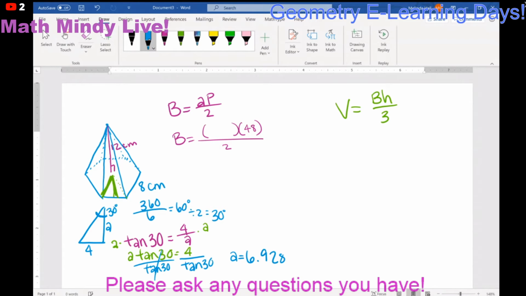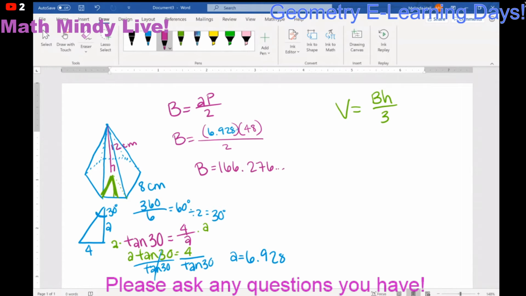We'll just take that number, not rounded, as best as possible. In my work, I like to just put little dots, but you can't really see it very well. When you multiply that number times 48 and divide by 2, you get that your base area is 166.276, and that just kind of keeps going.